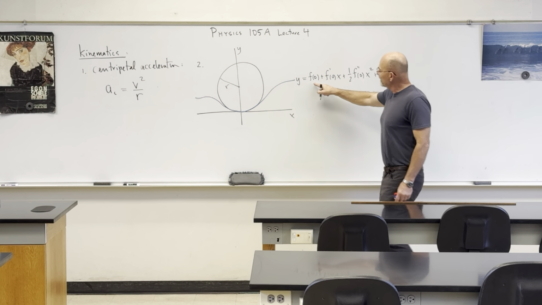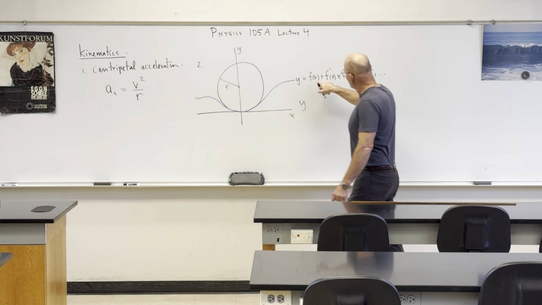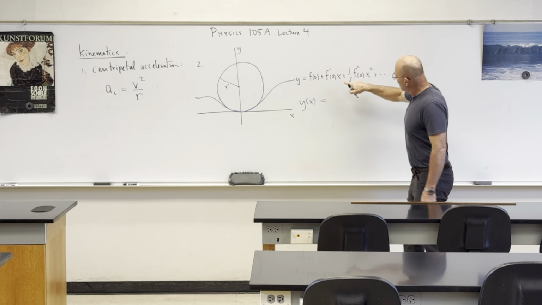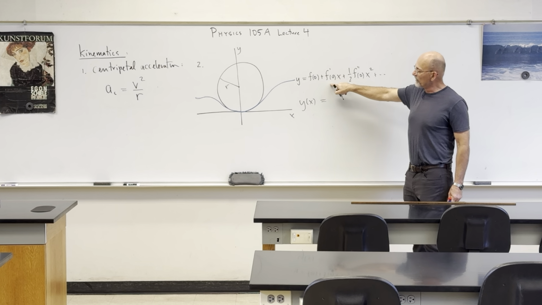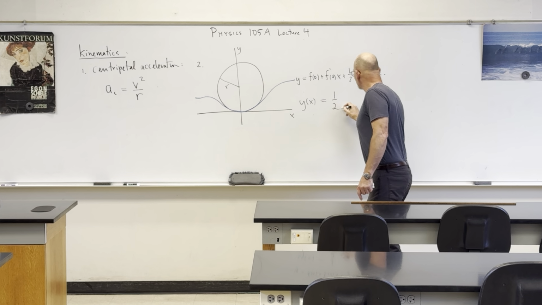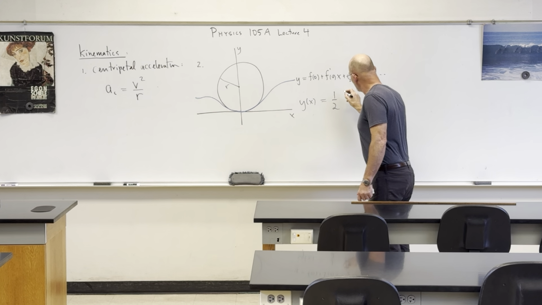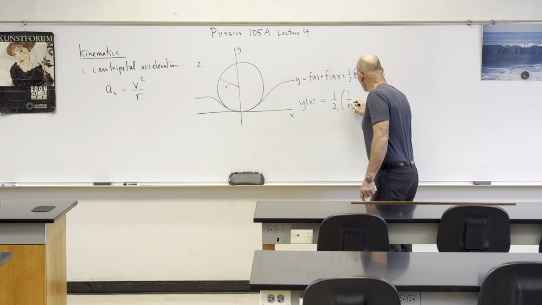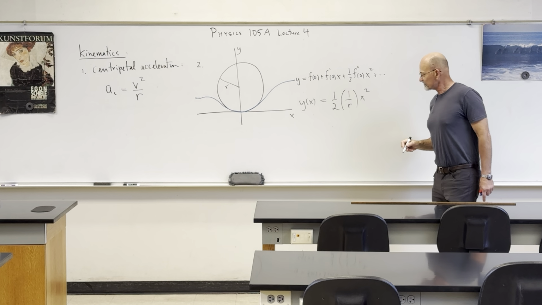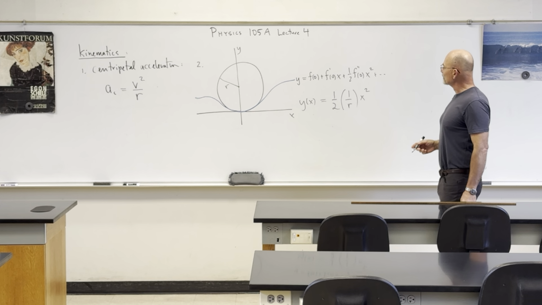But since we located this curve at the origin, we have a 0 for f prime, right? We located it at the minimum. And so we've got 1/2, and what we discovered was the second derivative of this function at its local minimum is equal to 1 divided by the radius of curvature, times x squared. So that's the meaning of the second derivative at the local minimum. It's a local radius of curvature.